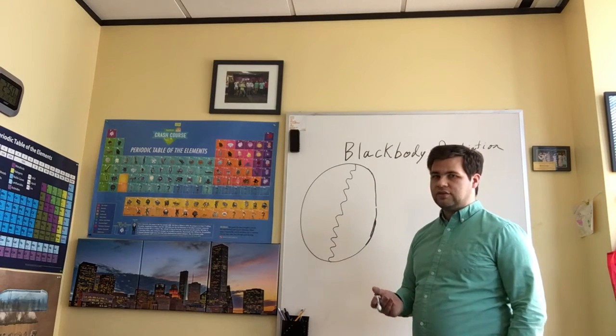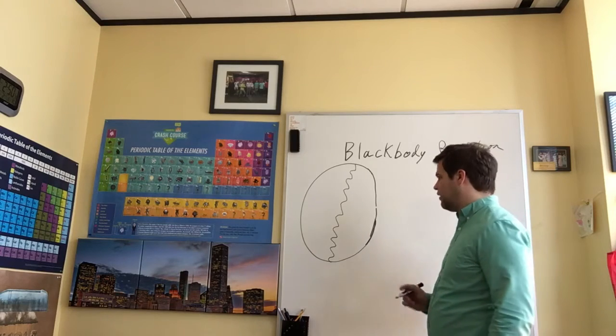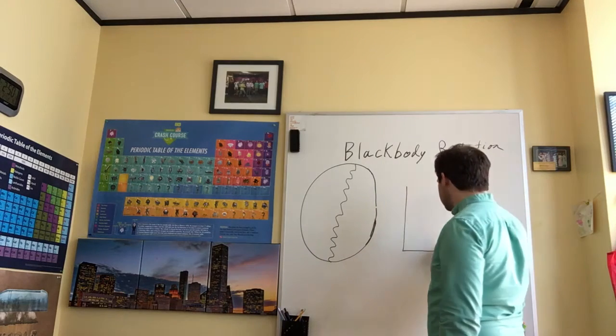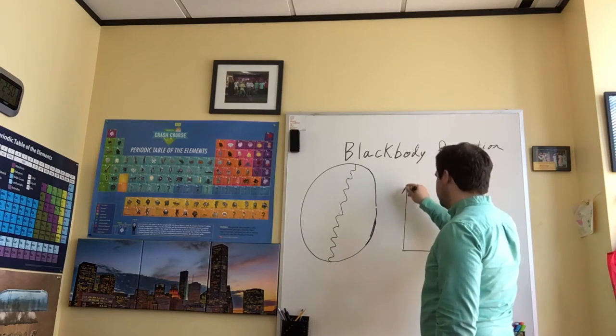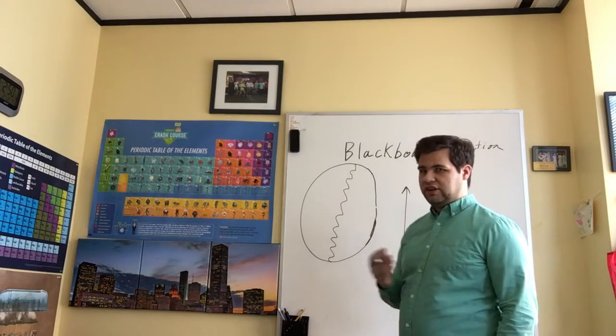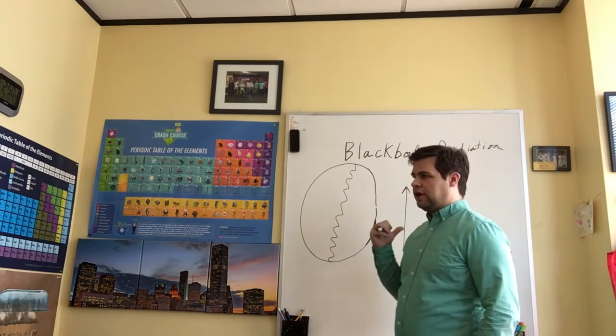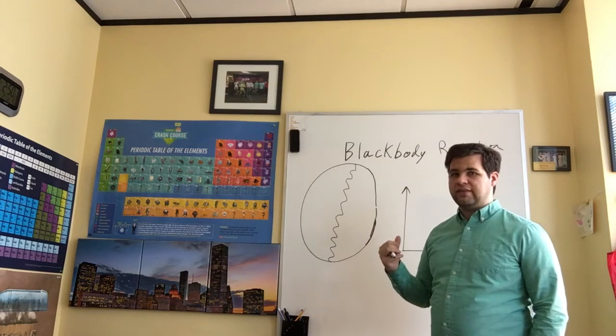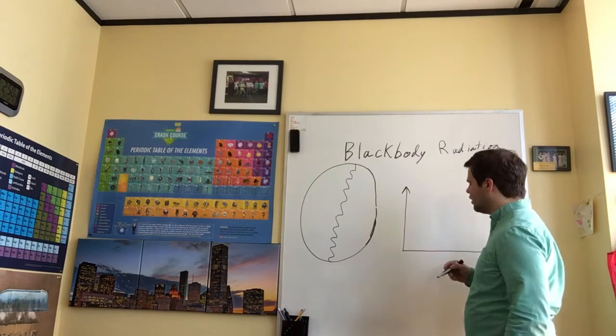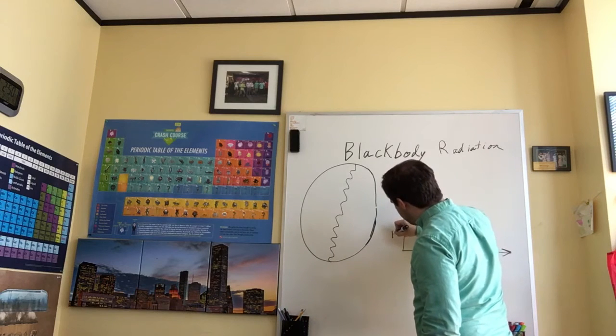So this gives rise to a very weird graph. It's generally known as the Rayleigh-Jeans law, and it creates what's generally referred to as the ultraviolet catastrophe. So on the y-axis you have some measure of intensity.